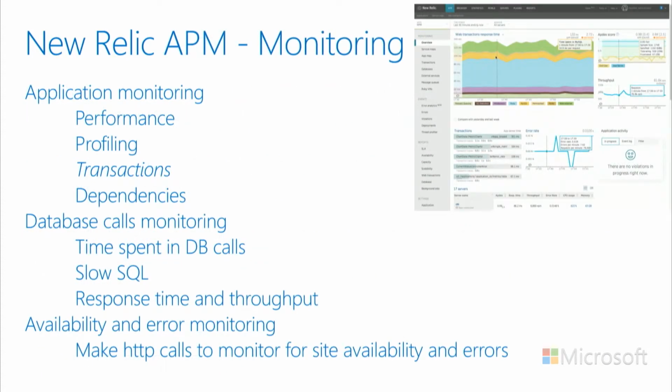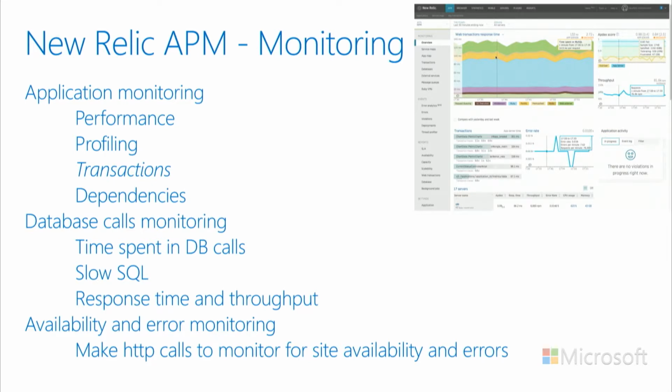So New Relic APM, what does it do? The monitoring part. It can monitor your web application for performance. It can profile how the code is performing in terms of methods and stuff like that. It can monitor your transactions, not database transactions, but your user transactions.